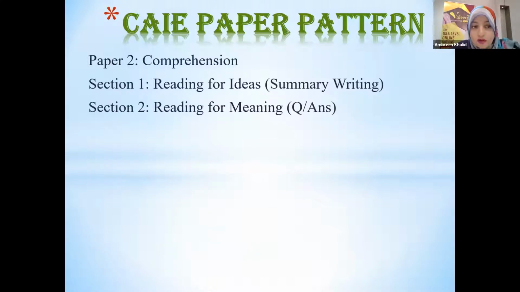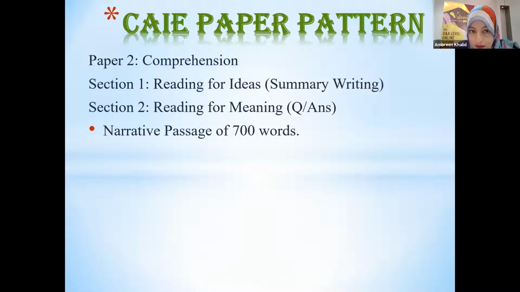We are touching upon section 2, reading for meaning, question answer part, where you are given a narrative passage of 700 words, and it will always be a narrative passage. In section 1, you will get a factual passage, but in section 2, it's always a narrative passage, a story. Now, there are 4 types of questions.